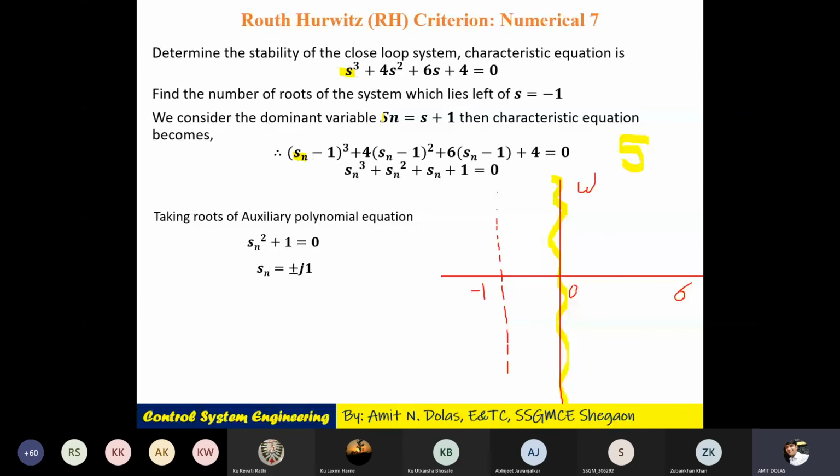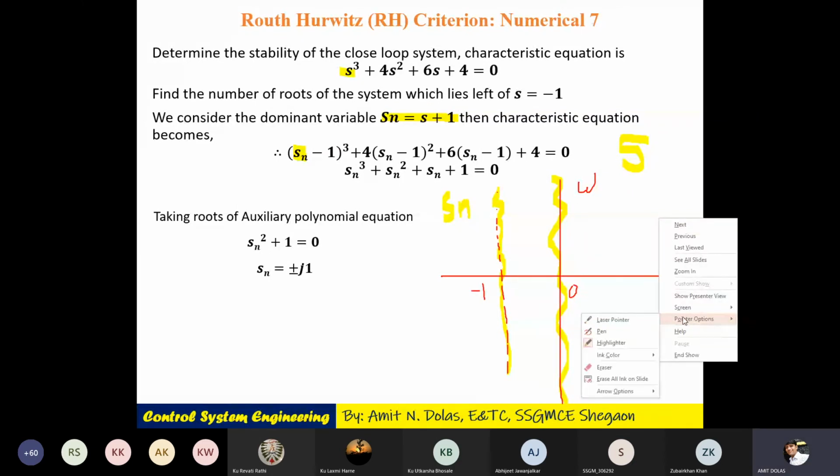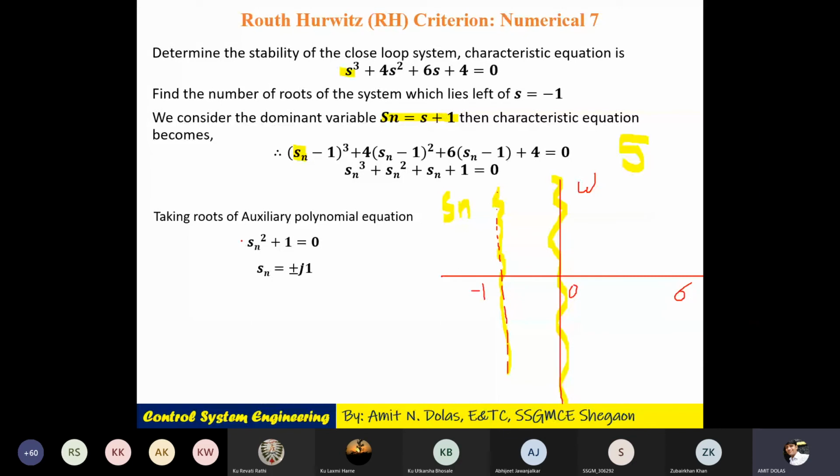We added the dominant pole, that is S plus 1. Sn is equal to S plus 1. So this dash line written at -1, this plane is nothing but the Sn plane. This plane is the Sn plane, and we have calculated the roots for the Sn plane, not for the S plane.